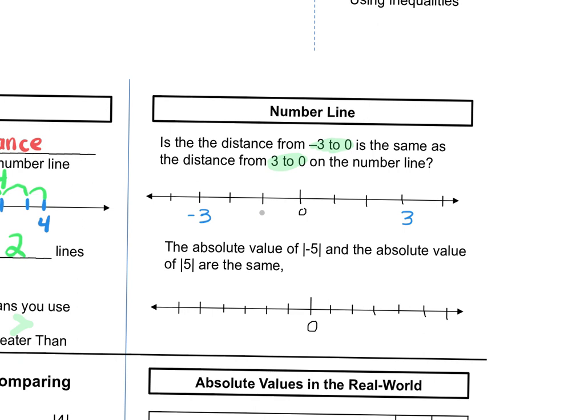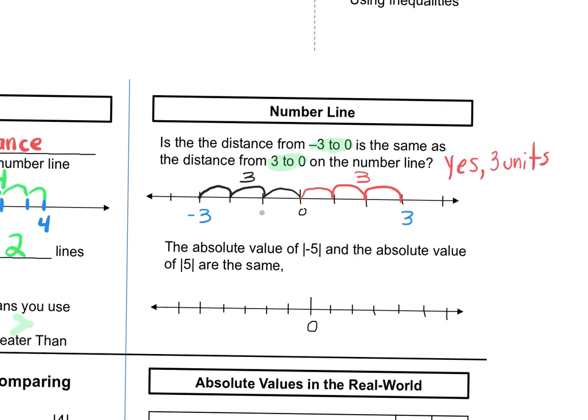To -3, we start at 0 and we go 1, 2, 3. That's 3 units. So my absolute value would be 3. Now let's go to the right, to the positives. We go 1, 2, 3. That is completely correct. The absolute value for both of those is still 3. So we can go ahead and answer yes, 3 units.